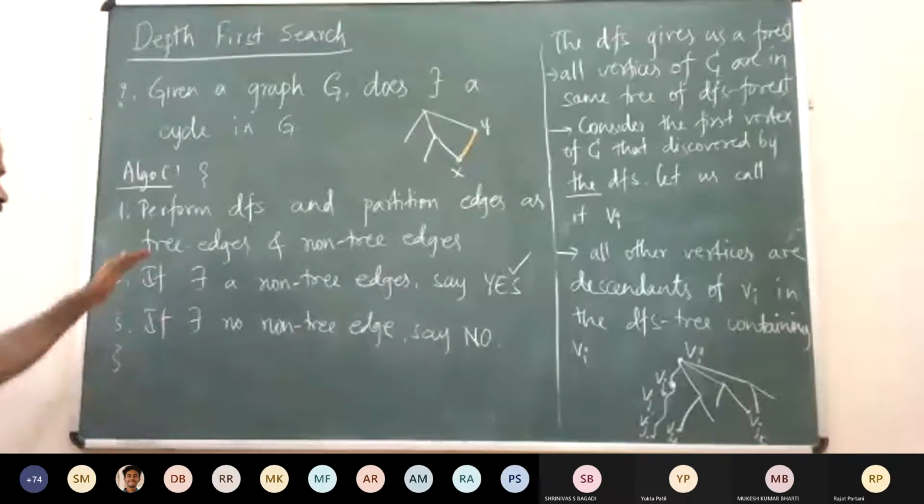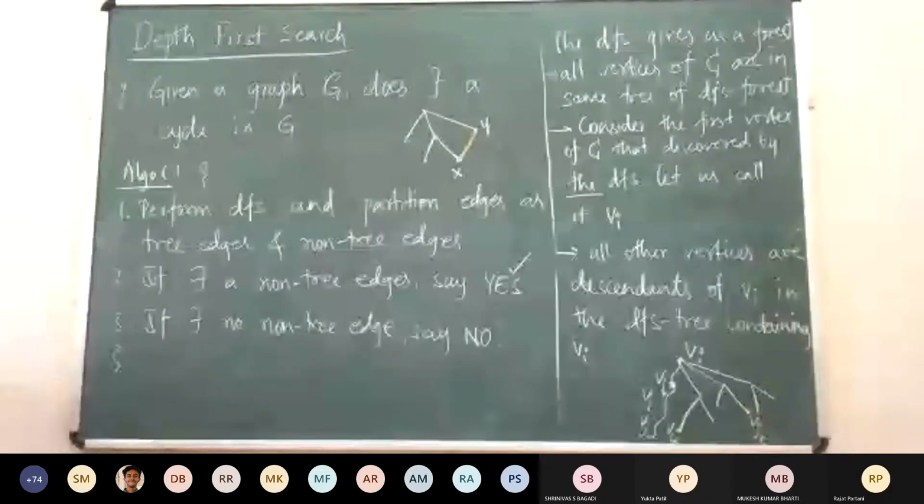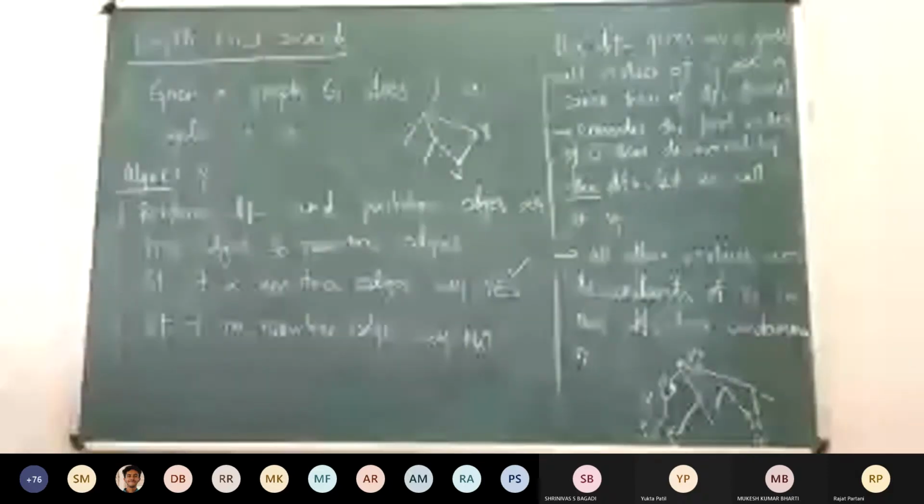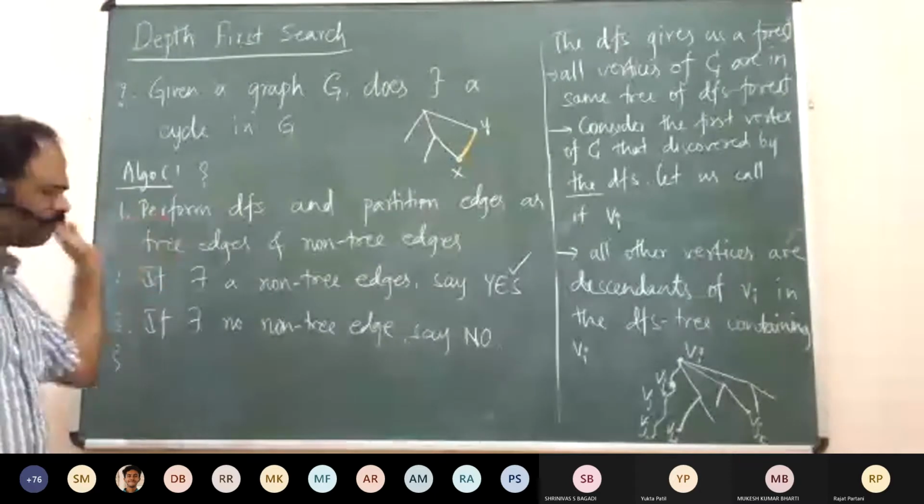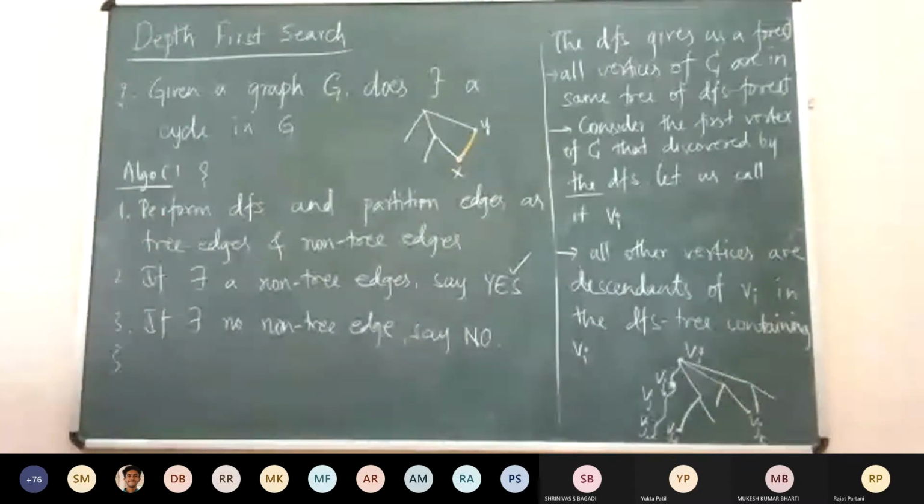Notice that tree edges and non-tree edges are very much associated with the DFS traversal, so they differ for each DFS traversal you do. So you perform some DFS and then partition these edges as tree edges and non-tree edges.